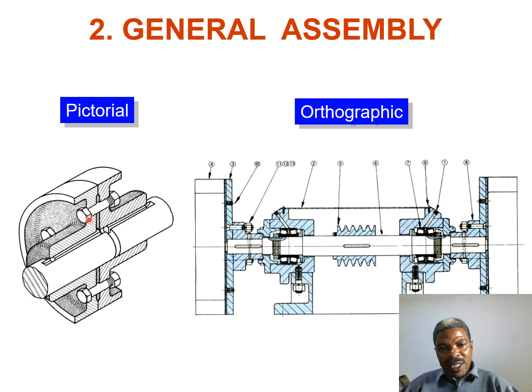You can see some hatching lines here, provided to indicate that the parts differ. These hatching lines lie to the right-hand side, while this other one lies in the other direction. So you can differentiate part 1 and part 2 that form this component, as you can see here. Even the numbers are provided to indicate how they will be fixed to the entire component.